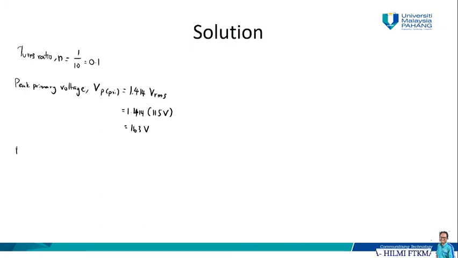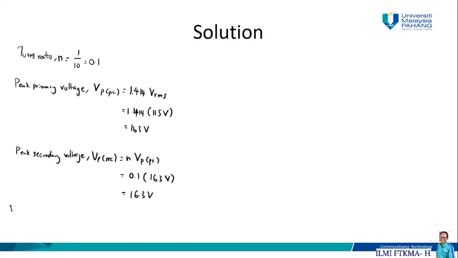Then the peak secondary voltage, VP secondary, is going to be the turns ratio N times the VP primary. We know N is 0.1 and VP primary is 163 volt, so the peak secondary voltage is only 16.3 volt.